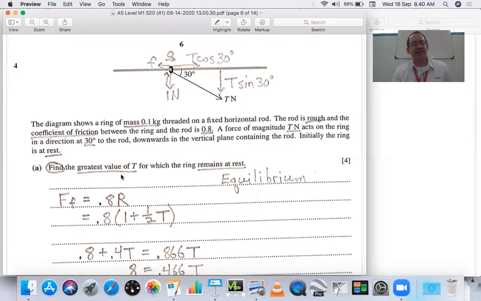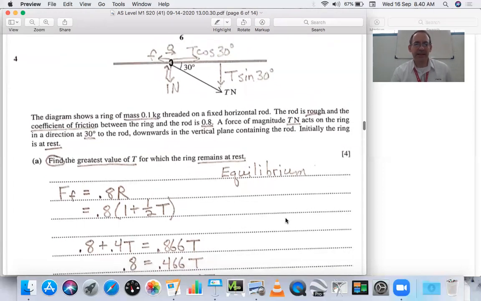So find the greatest value of T for which the ring remains at rest, meaning our system is in equilibrium, because at rest means no acceleration. So equilibrium means the forces are balanced. So first we need to find our force of friction with respect to the information that we have.